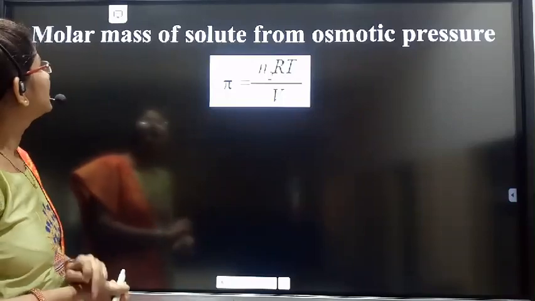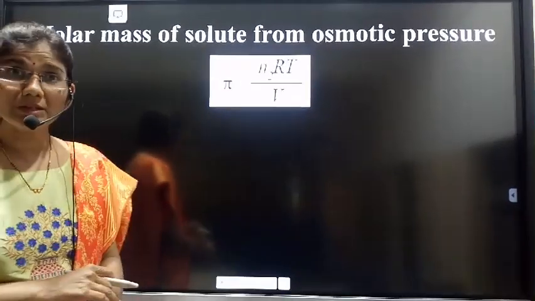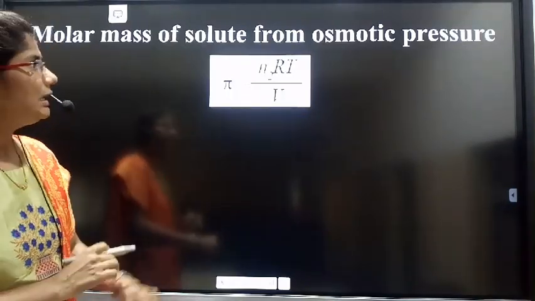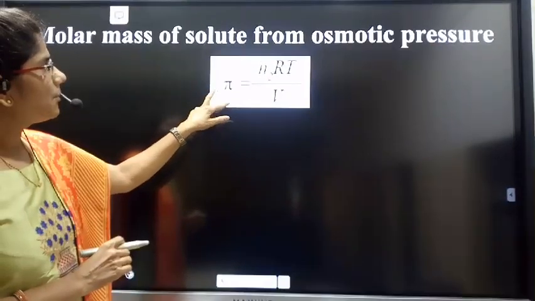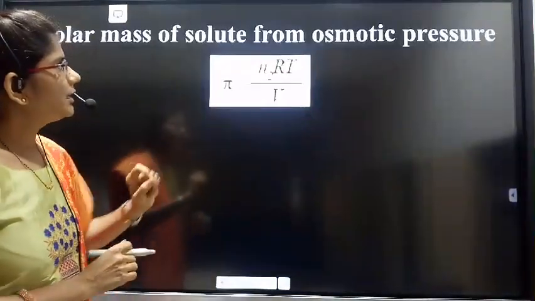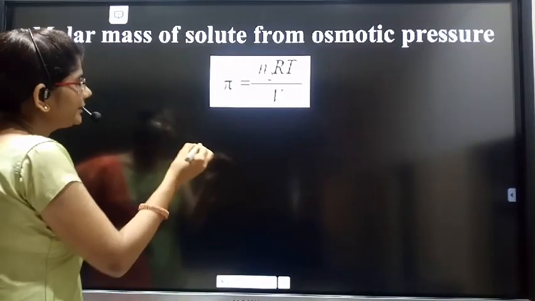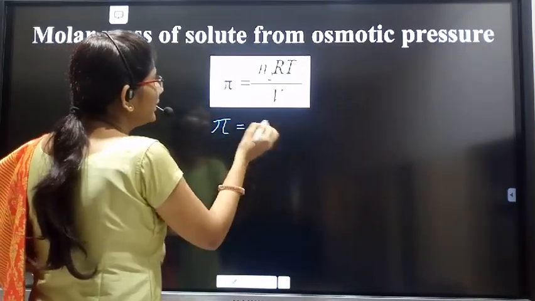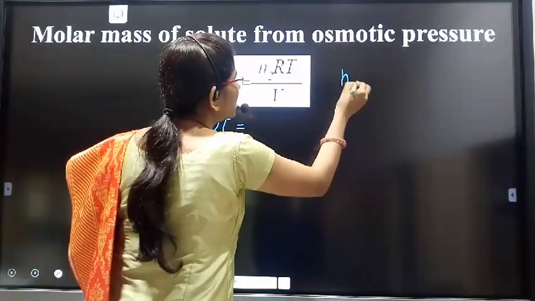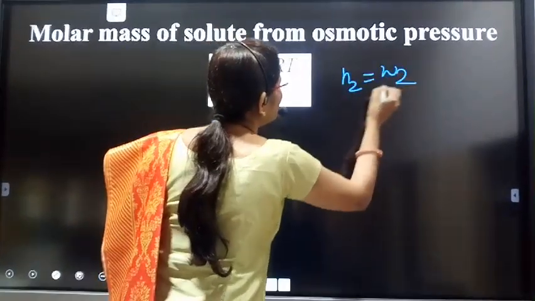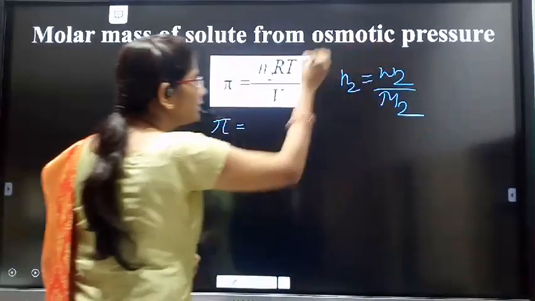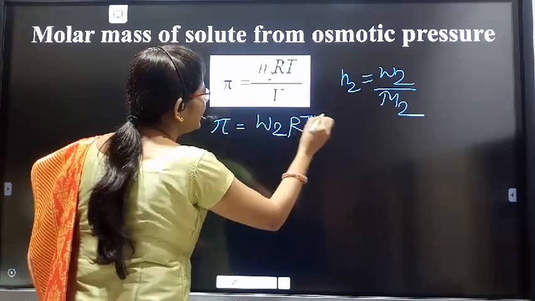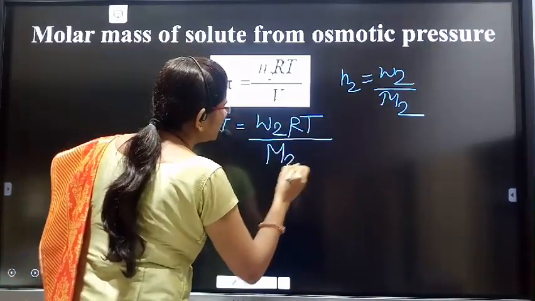So next, what is the molar mass of the solute? That means what is the relation between molar mass of the solute and the osmotic pressure? We can start with the equation pi equals N2RT upon V, and as we know N2 is equal to W2 upon M2. If we put this value in this equation, we get pi equals W2RT divided by M2V.